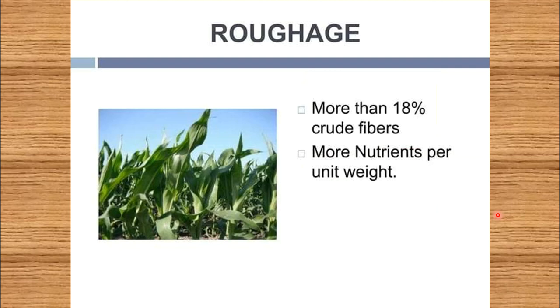So the cattle do require feed in the form of roughage to make it bulk. The roughage is classified into varieties of substances with fewer nutrients per unit weight.